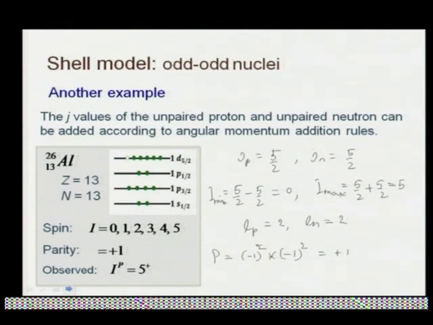How does one prefer 5 instead of 4, 3, 2, 1 or 0? We need to look at further details, the wave function, etc., and that is slightly beyond the discussion that we have here.